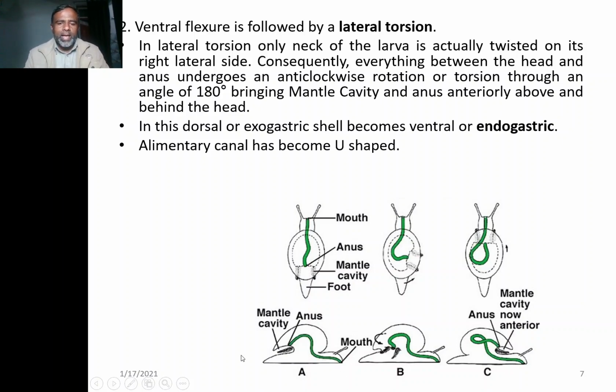Another significance is that since the ctenidia are located in the mantle cavity at the posterior end, what will happen for respiration? Ctenidia means gills; they are meant for respiration. The body will move in this direction, whereas the water current is moving in that direction, so the water will not flush the mantle cavity.